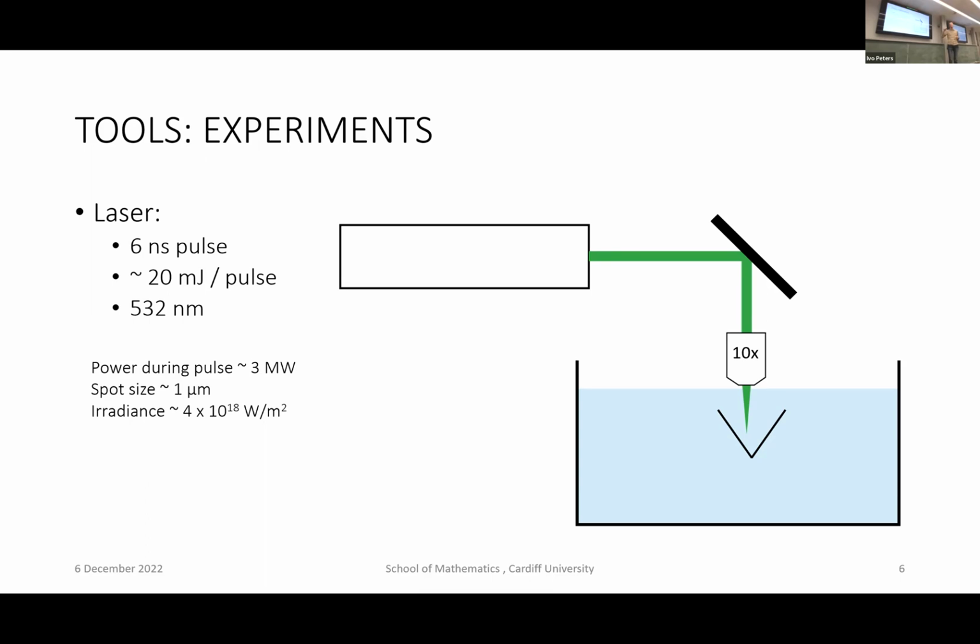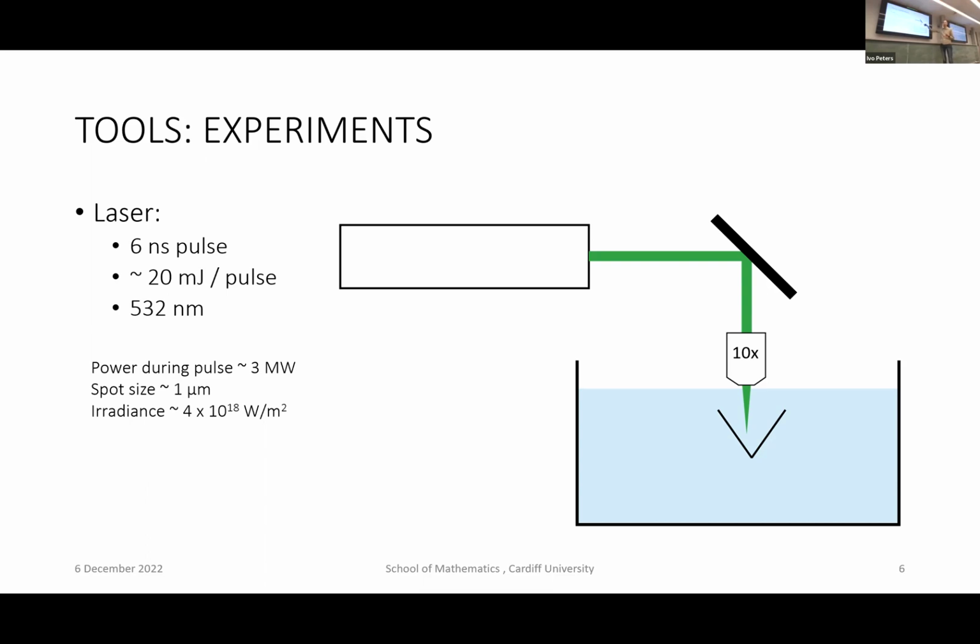They dump quite an amount of energy, typically 10 to 100 millijoule, in a very short period of time, typically 6 nanoseconds. So what this means is that the power that you're actually producing is very high. If you do the calculation, you find that that's 3 megawatts of power coming out. It's only very short, but it's a lot of power.